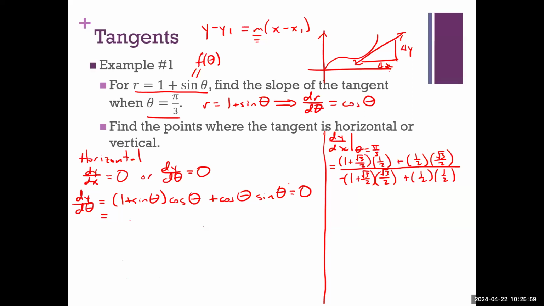So probably have to do some simplifying. So I got cosine theta plus sine theta cosine theta plus cosine theta sine theta equals 0. So 2 sine theta cosine theta plus cosine theta equals 0.